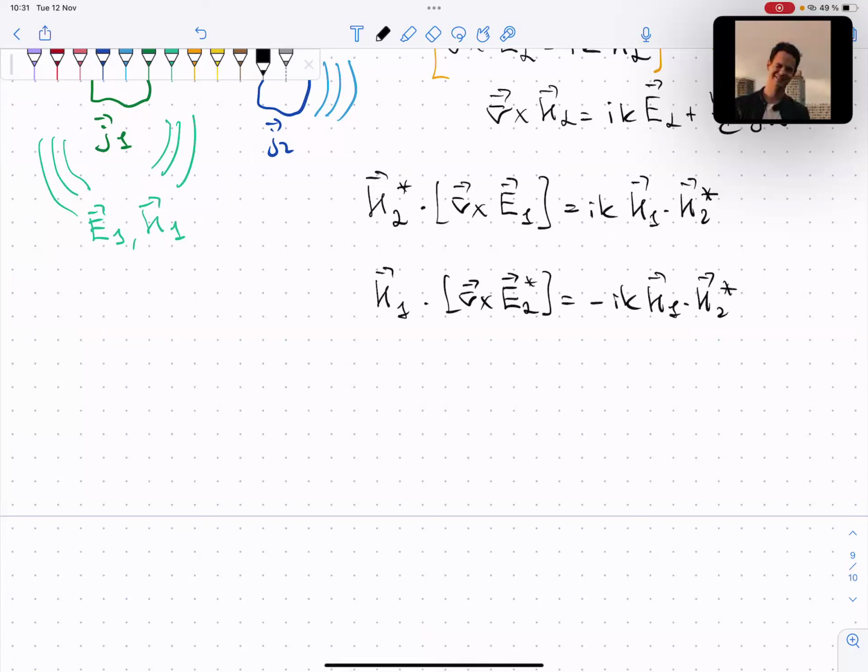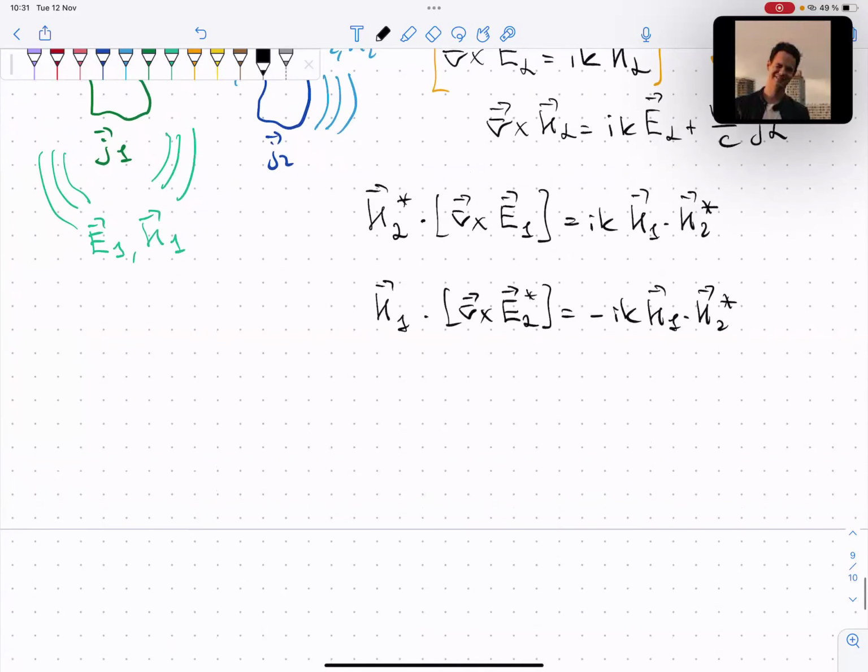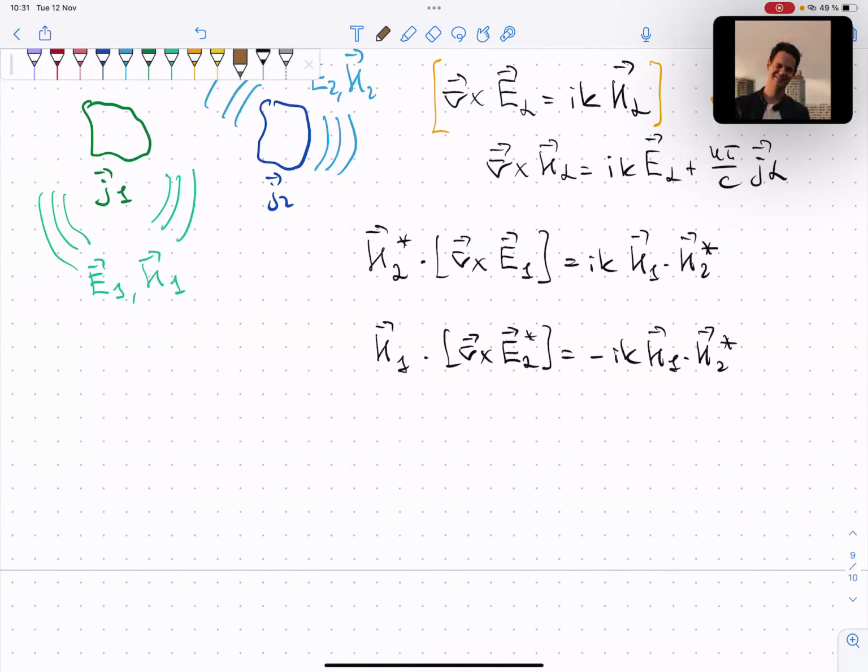And we also do the same thing for the magnetic field equation, multiplying it by the electric fields in the same way. And then we sum all of these equations. Oh, sorry, I made a mistake here. It should be minus here.